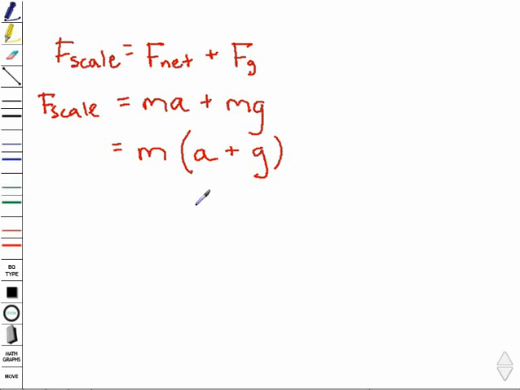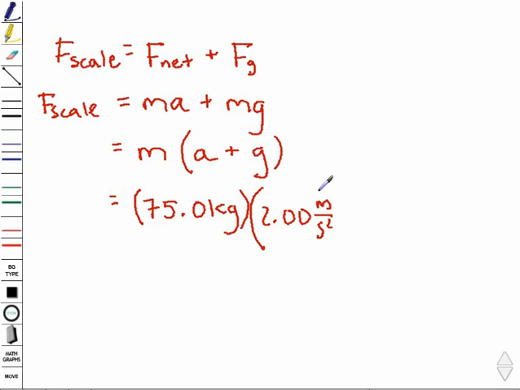I can plug in my known values from the beginning of the problem, and the mass of the person was 75 kilograms. The acceleration here is the acceleration of the elevator, which was 2 meters per second squared. And then we're going to add g, which is always 9.80 meters per second squared.